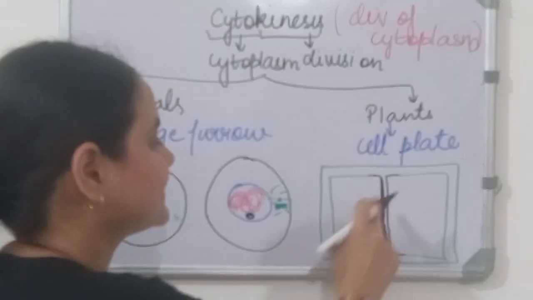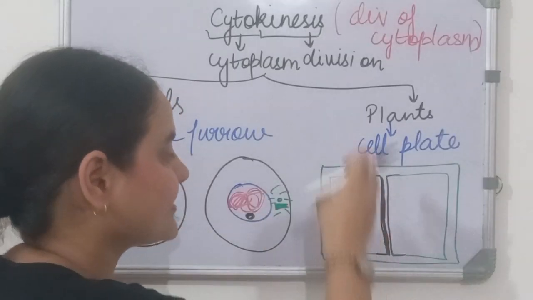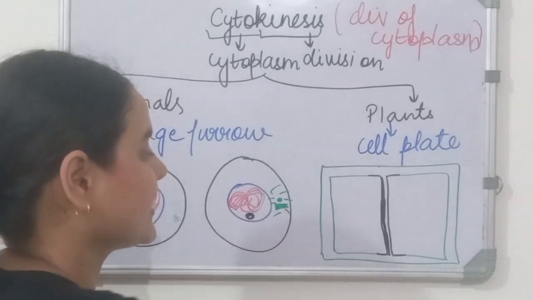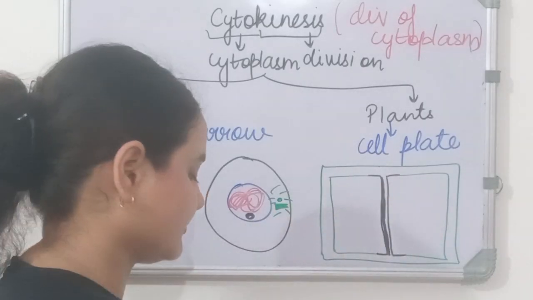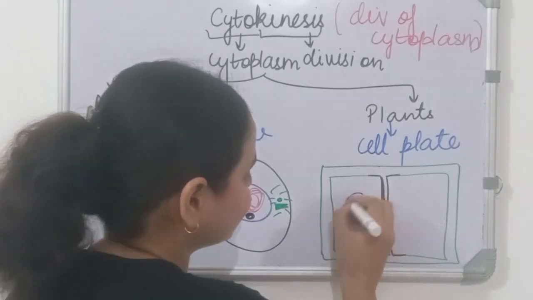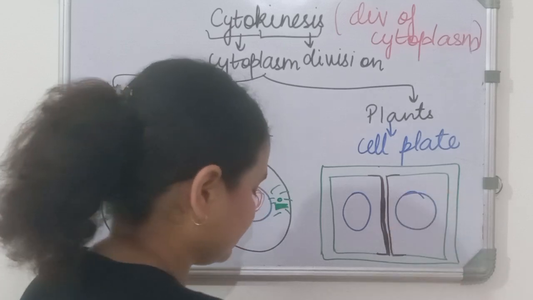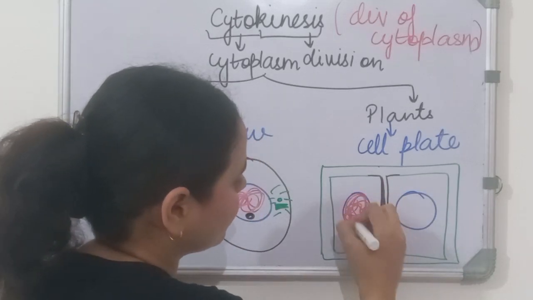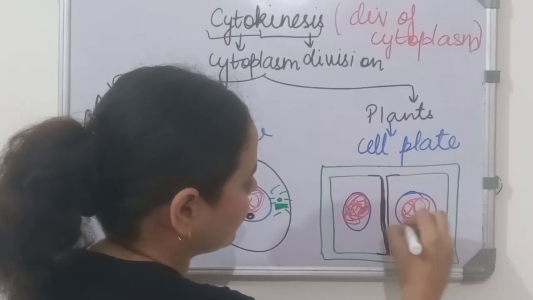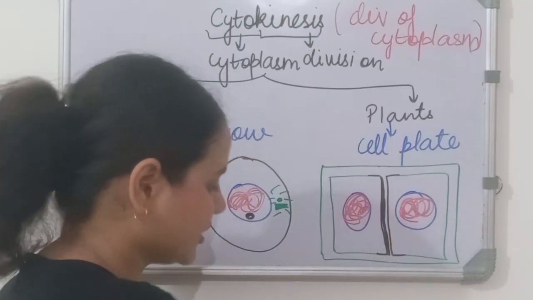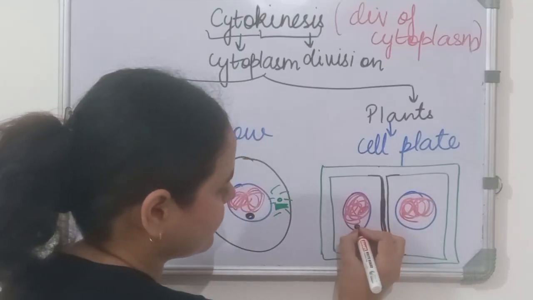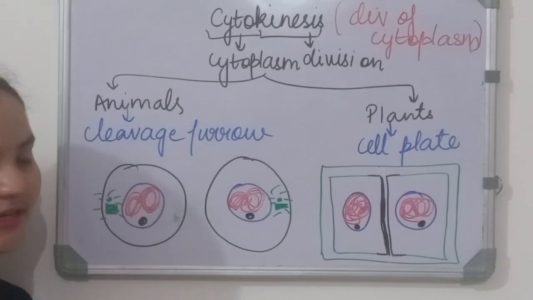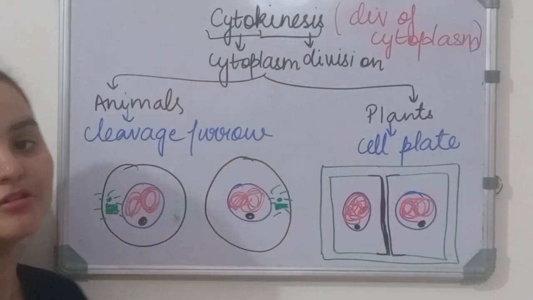So this is the cell plate which has divided the plant cell into two parts, and two separate cells are formed. Inside we have the nucleus, chromatin fibers, and nucleolus. Just mark all the labelings. So this was all about cytokinesis.